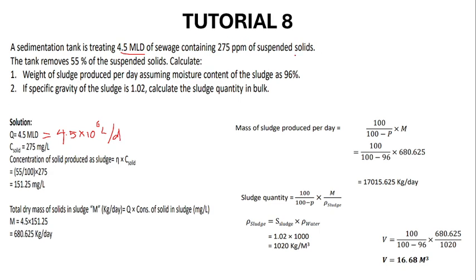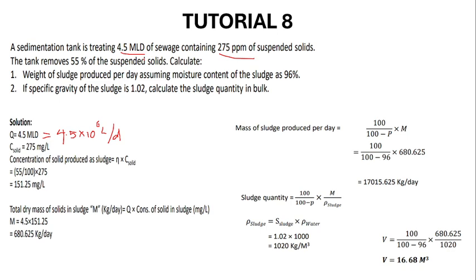And now it is containing 275 ppm of suspended solid. So 275 ppm can be again written as 275 mg per liter. And the tank removes 55% of the suspended solid. So the efficiency of removal is given, right?